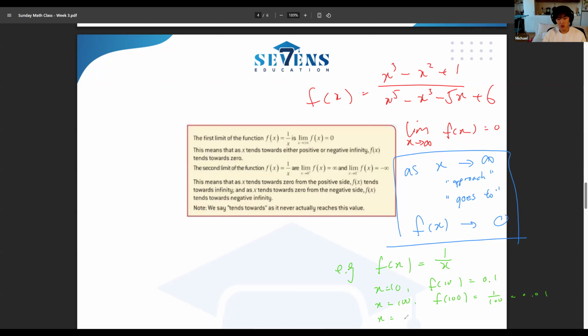What about x equals 10,000? What is f of x? What is f of 10,000? 0.001. Wait. 0.4. Yeah, the question is how many zeros do you have? 4?